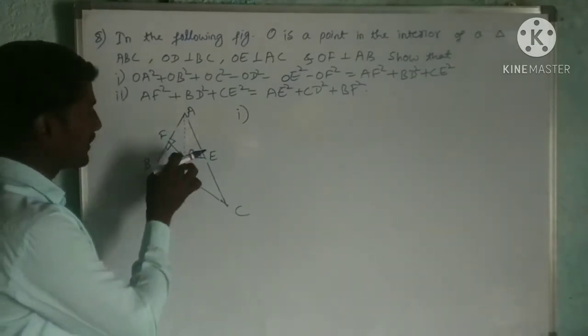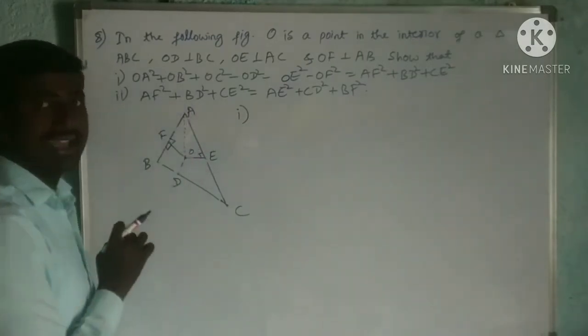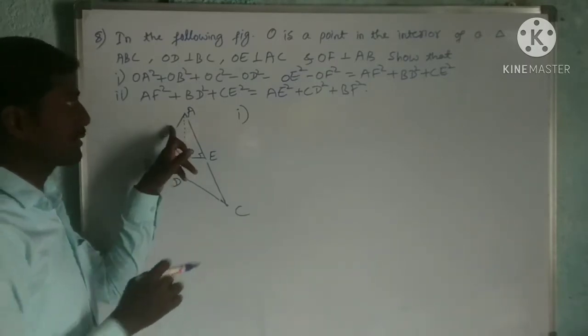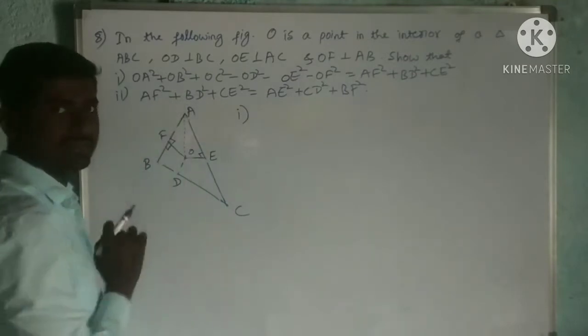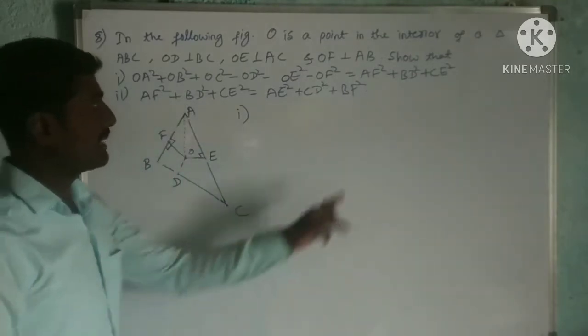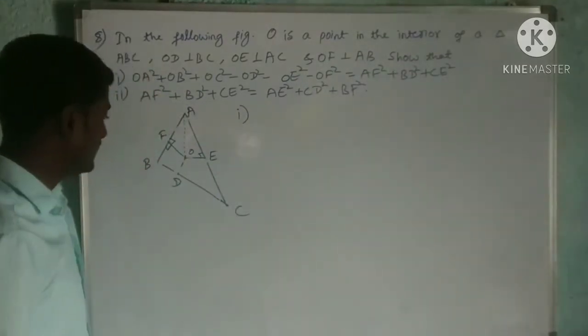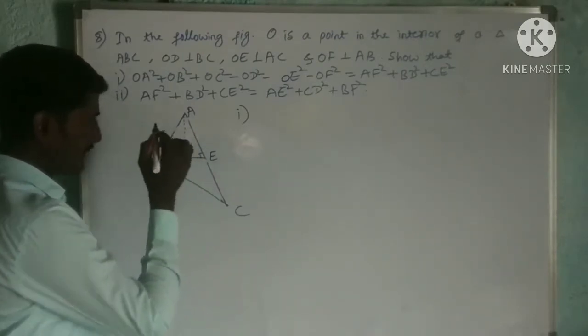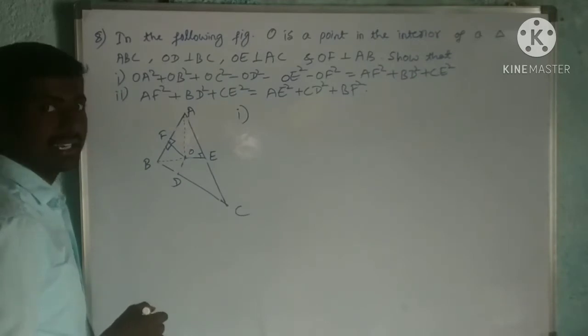Therefore we got OFA as one right angled triangle. In that, by applying Pythagoras theorem, I will get AF square. Similarly BD square: let us join OB, and we get one more right angled triangle.